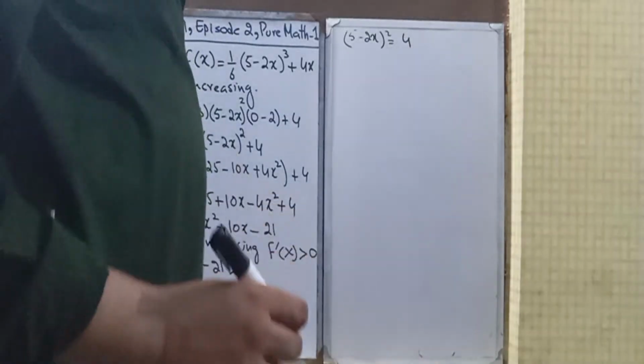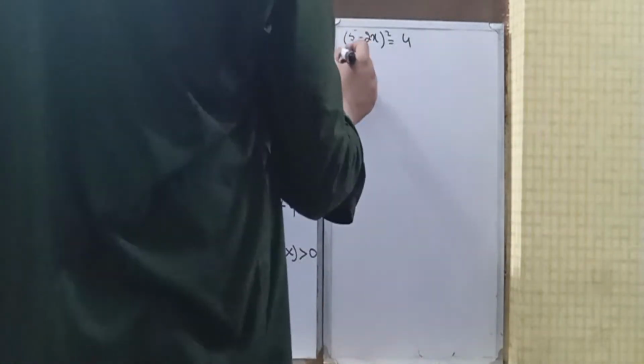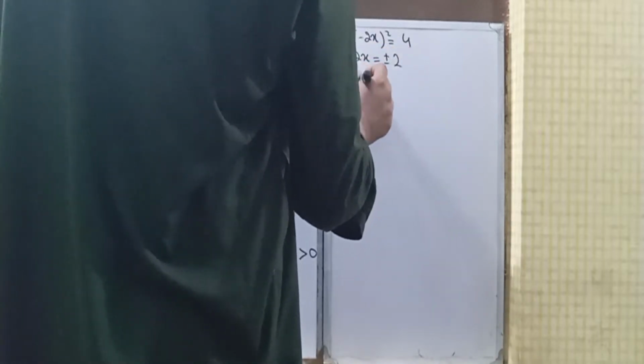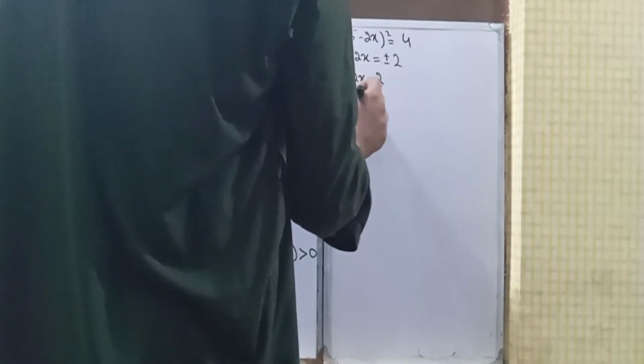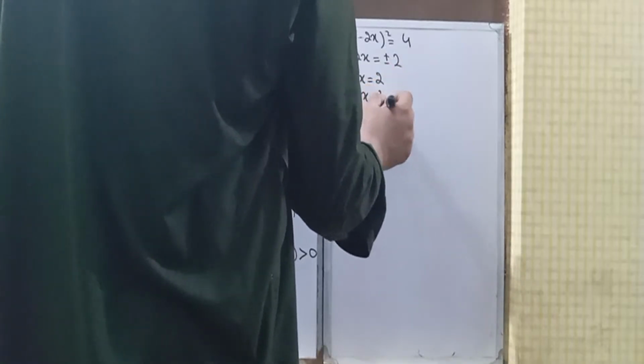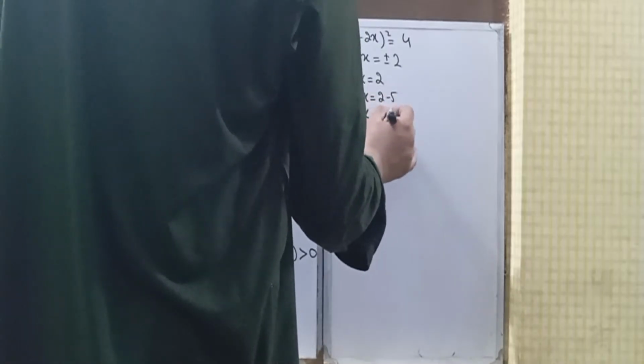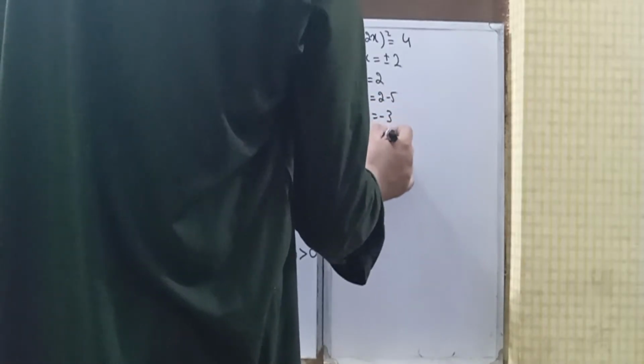Take square root on both sides, so you will have 5 minus 2x equals plus minus 2. So 5 minus 2x will be equal to positive 2. Minus 2x will be equal to 2 minus 5, sorry, not 2 by 5. So minus 2x will be equal to minus 3, and x will be equal to 3 by 2.